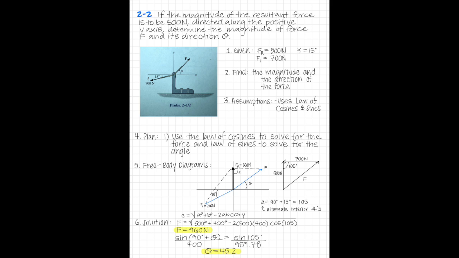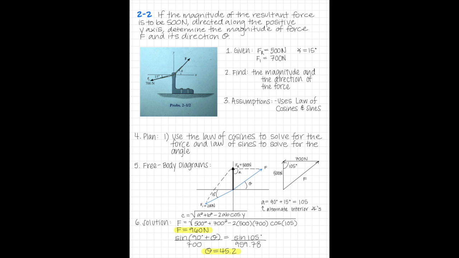So to acquire our solution, we have to use the law of cosines, which is c equals the square root of a squared plus b squared minus 2ab cosine y, or cosine a, we'll put that in parentheses.